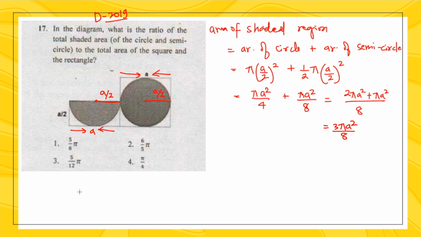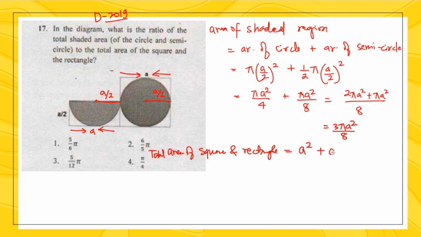Now we also have to find out the total area of the square and rectangle, which is the other part. So the total area is the area of the square plus the area of the rectangle. The area of a square is a square, plus the area of the rectangle, which is length into width.